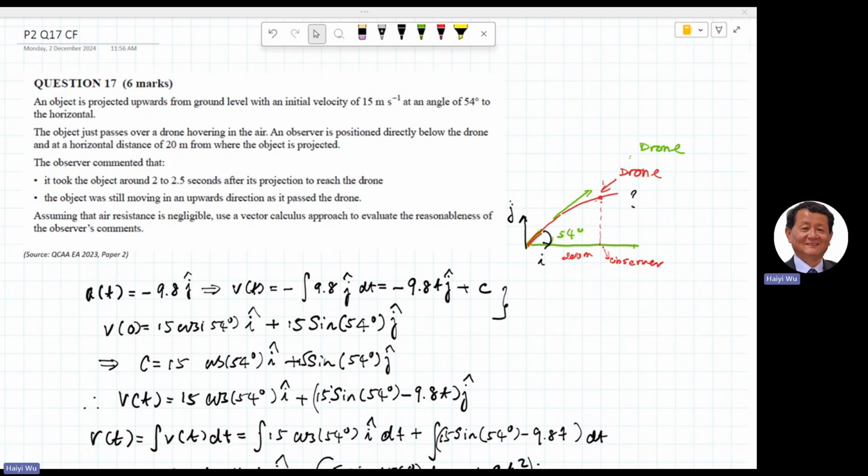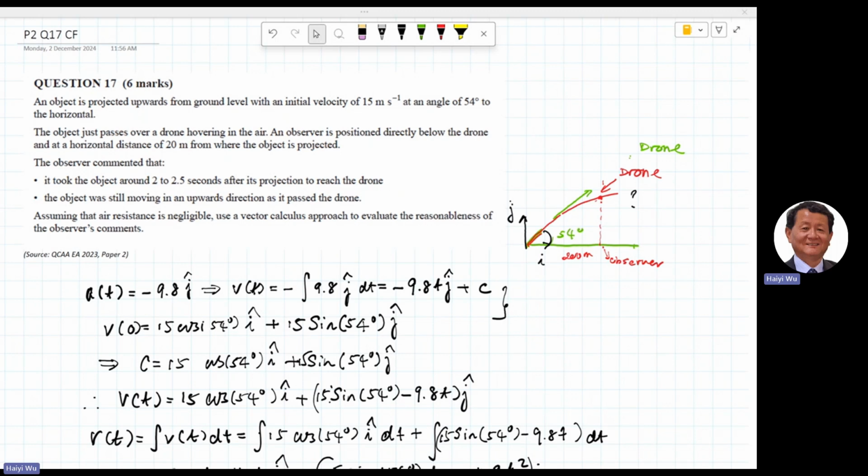Today we're going to solve question 17 of QCAA External Assessment Paper 2 in 2023. This is a vector calculus question involving velocity and acceleration.